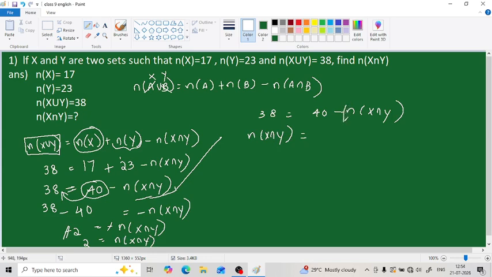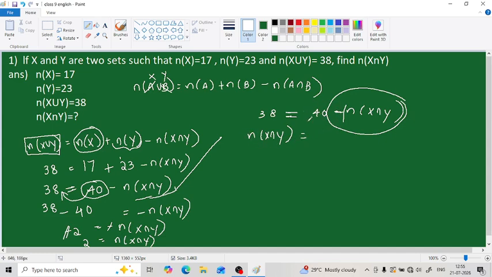So here I am replacing this minus n of x intersection y to this side. When it moves to the opposite side, the negative will become positive. So when it reaches this side, n of x intersection y becomes positive. Here it was negative in RHS, so when we replace it to LHS, it becomes positive.